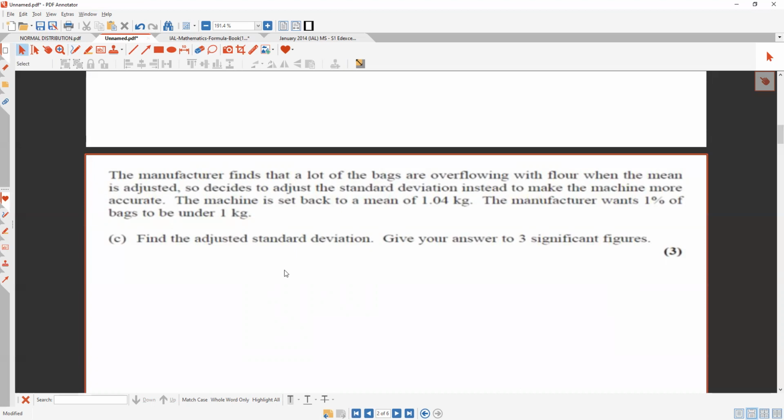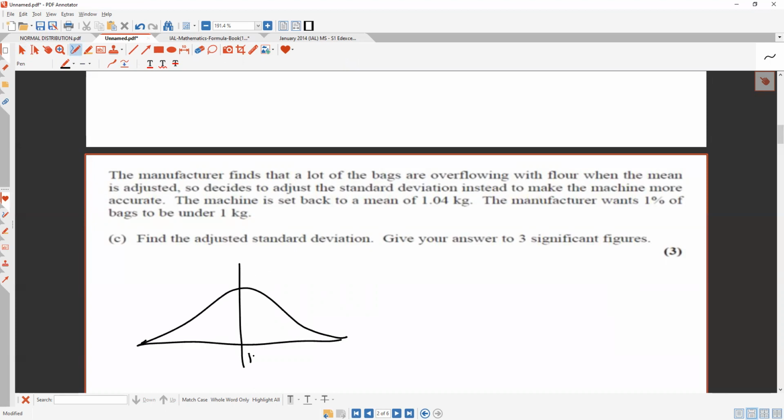Now it's the same thing, but he wants 1% of the bags. This is exactly like before. So you're going to draw it. The mean is 1.04, but he wants to change the standard deviation so that only 1% should be less than 1 kg. So let's see: 1 kg minus 1.04 divided by sigma.